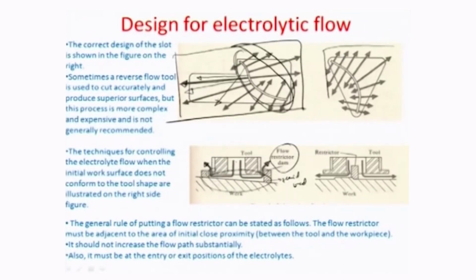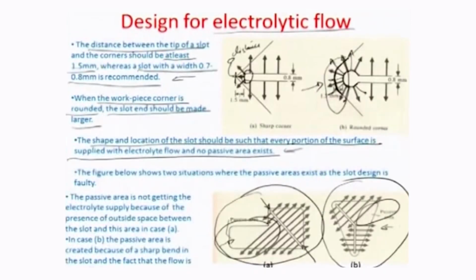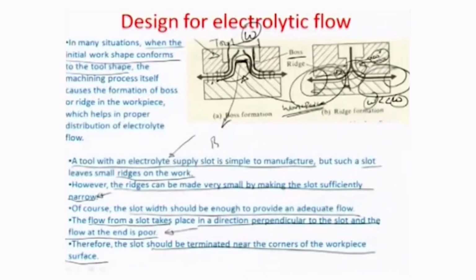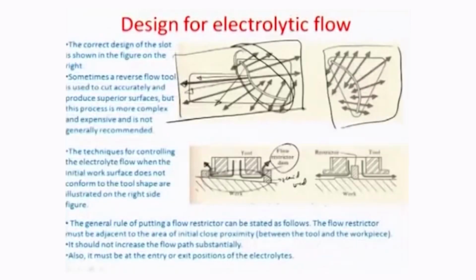Same is the case here. Okay. You have just taken that slot which was earlier a straight edge or a combination of straight edge here, and have just introduced a small curvature. So, when you introduce the curvature, you see that there is a coverage of the electrolyte, assuming that the electrolyte emanates perpendicularly to the slot, and it goes and covers the whole surface.